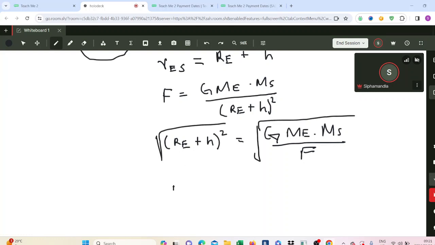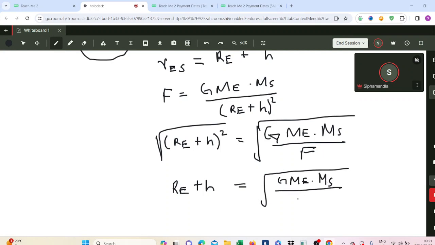So I will have RE plus H, which is the height from the satellite to the surface of the earth, equal to the square root of G ME times MS over F.